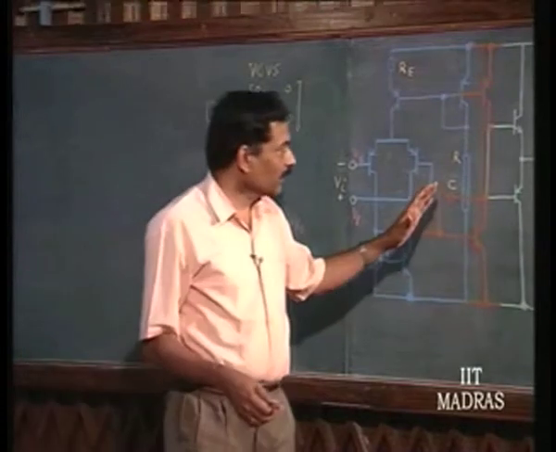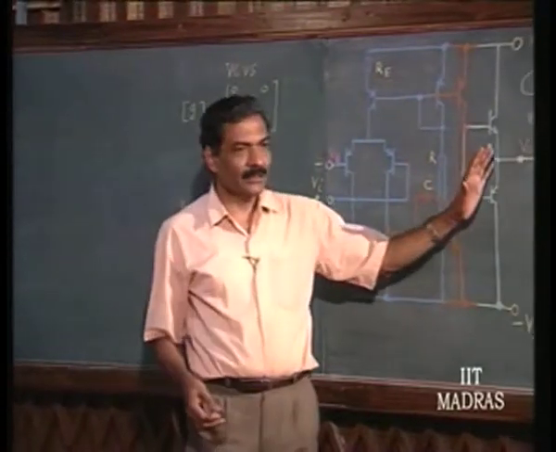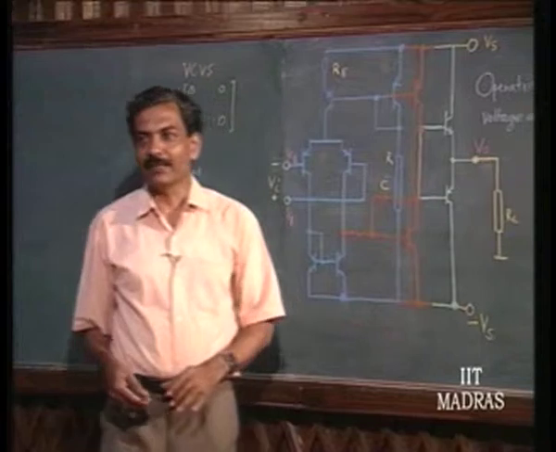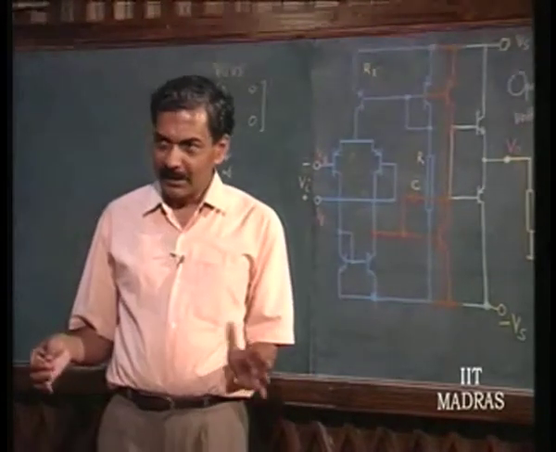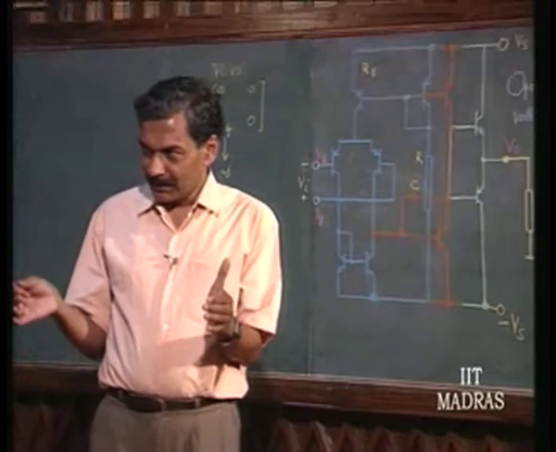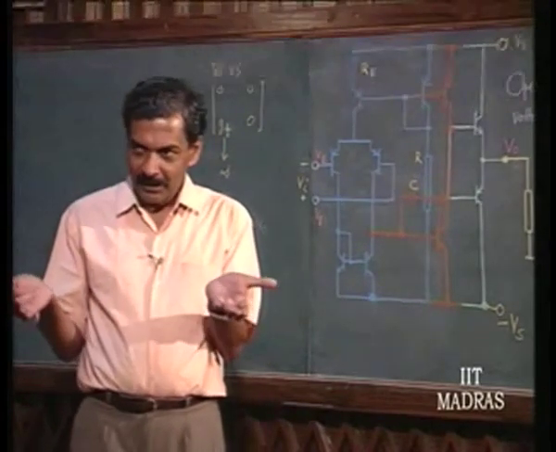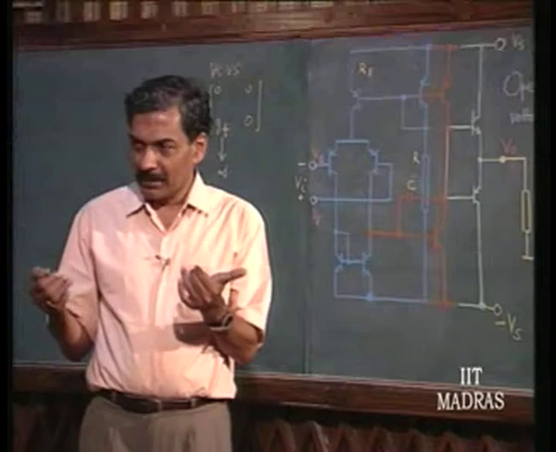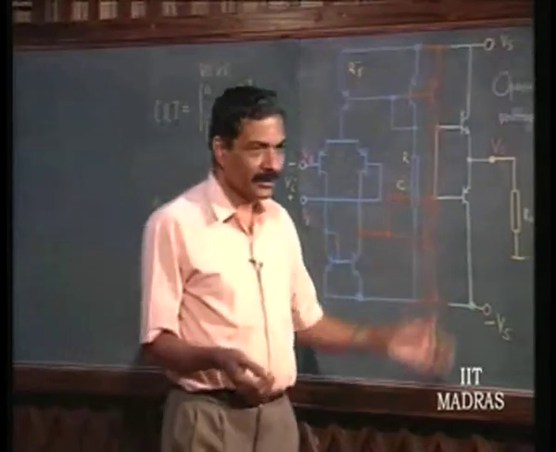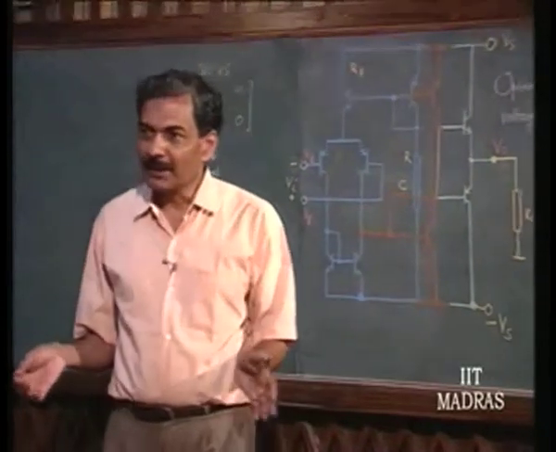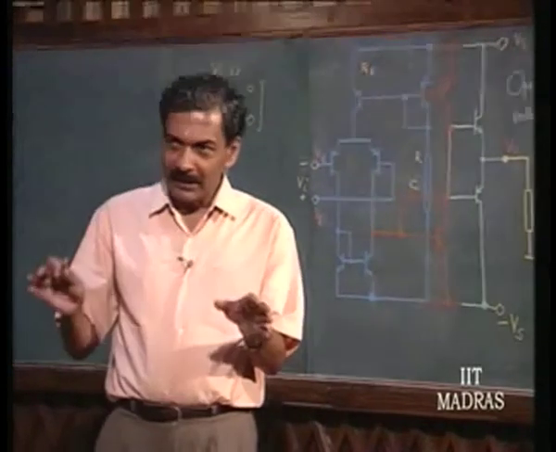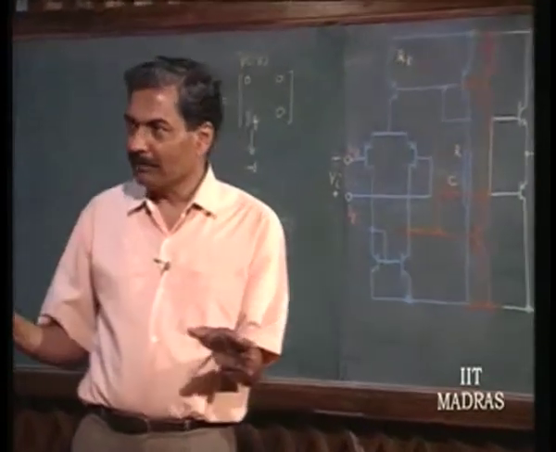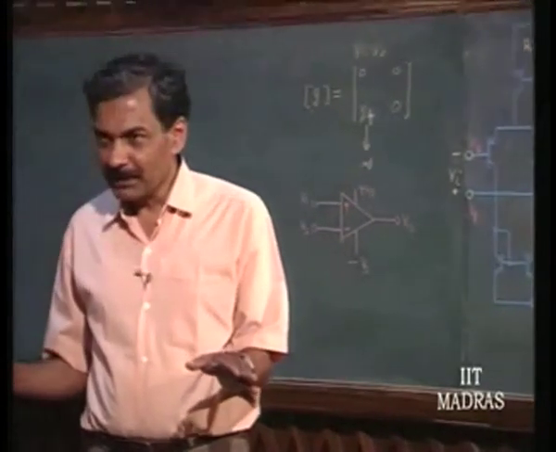Most of these stages, all of these stages in fact, have the same power handling ability. They are not power stages, but one way to increase the power handling ability of these transistors is to merely change the geometry of the device. If you make identical geometry devices, they will all have equal power dissipation ability.